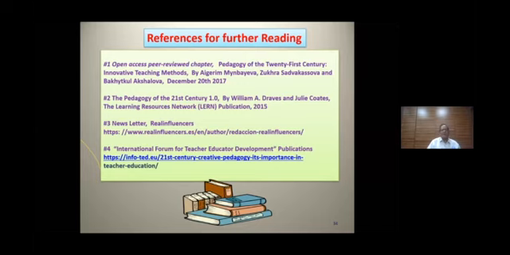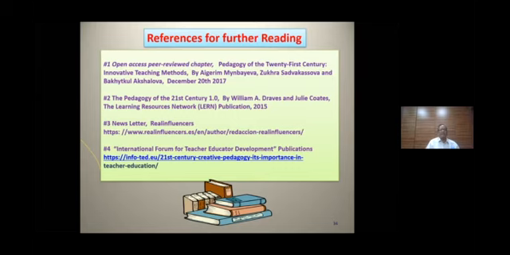It is published by the Learning Resources Network, LERN, in 2015, and modifications and reprints have come into the picture. It is freely available on the net. If you want, you can download it and go through it. Almost all the aspects that I have covered here are indicated in that textbook.